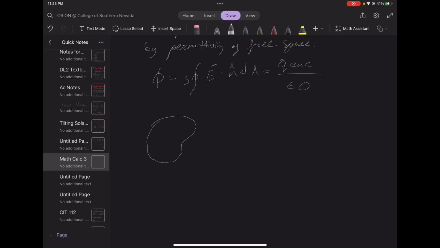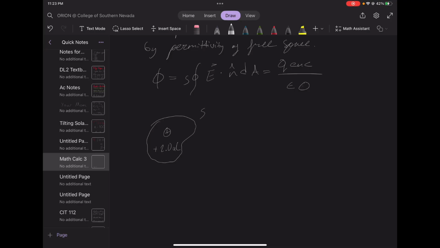And it would have a charge on it. Or not a capacitance, but a charge.